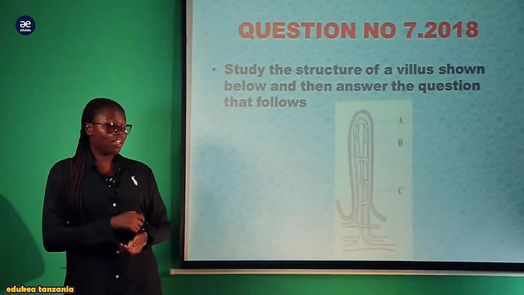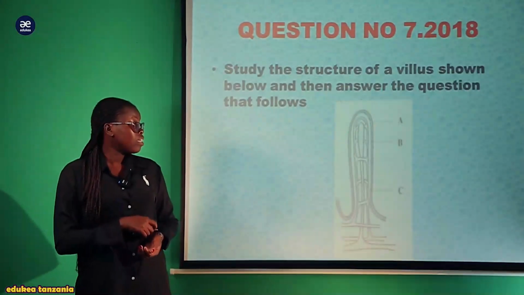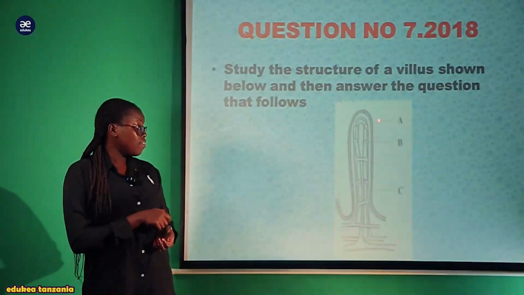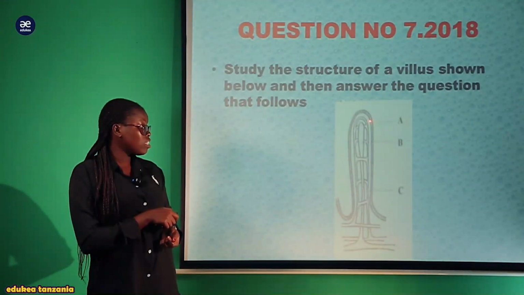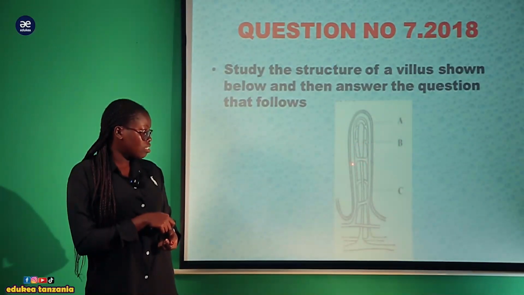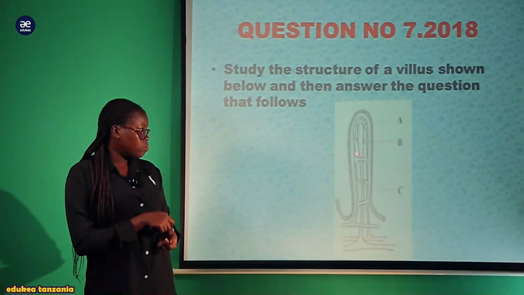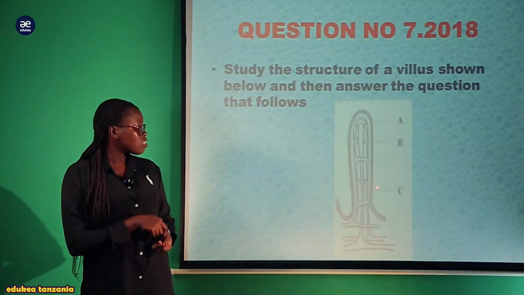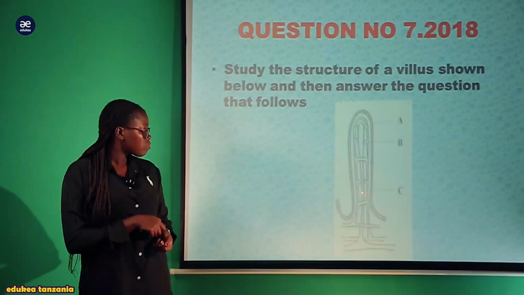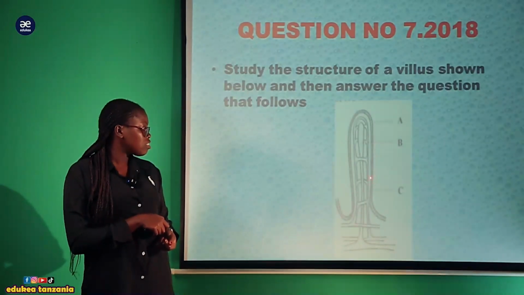So after studying the diagram here, you have been given the letters on this diagram. You have been given the letter A, which has been located here. The letter B has been located inside these tube-like or vessel-like structures. Also the letter C has been located in these vessels.